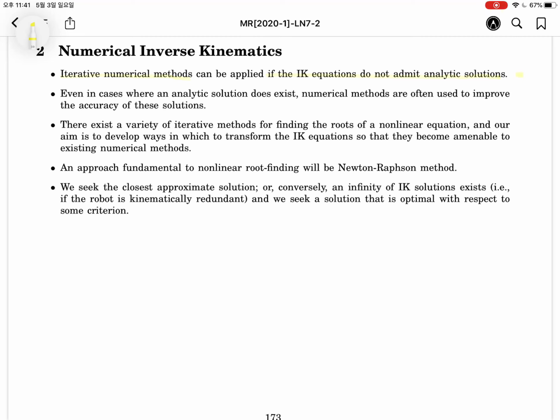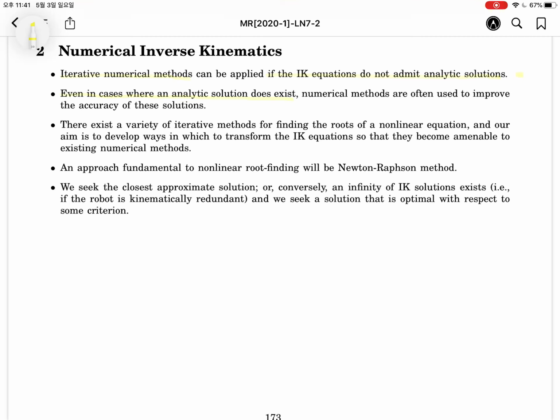Actually, a 6th degree of freedom robotic manipulator without a spherical wrist does not have an analytic solution. In this case, a numerical iterative method can be applied to the kinematic problem to solve the IK. So the numerical IK issue is very important for general robotic kinematic problems.